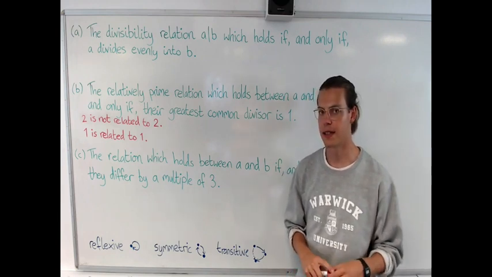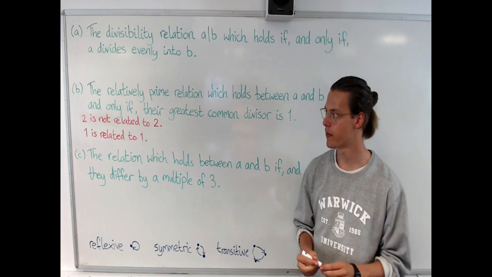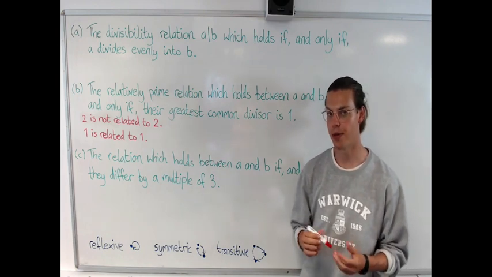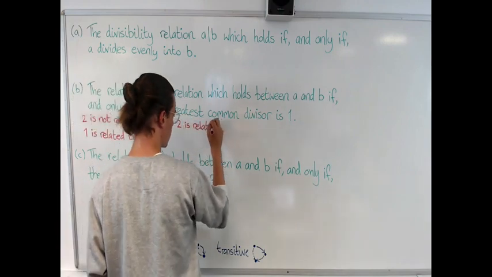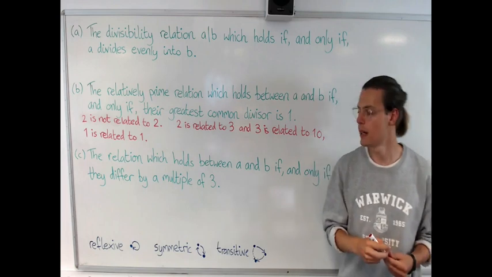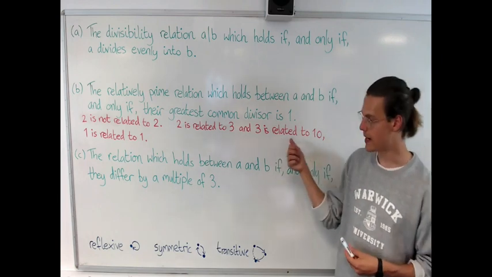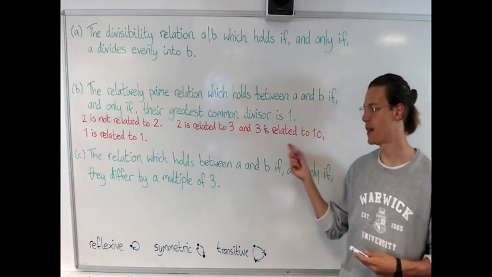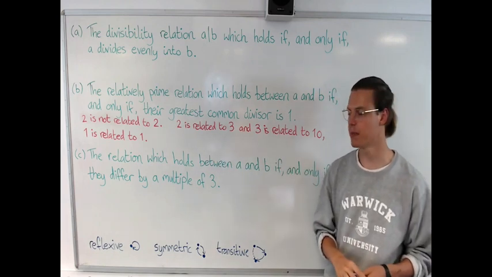Is it a transitive relation? Well, 2 is related to 3, and 3 is related to 10. 2 and 3 are relatively prime, and 3 and 10 are relatively prime.